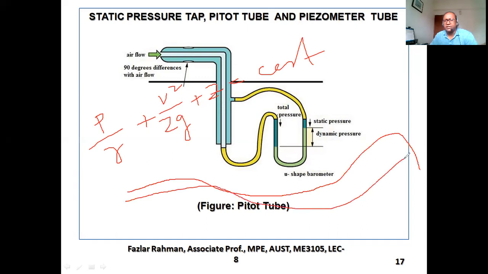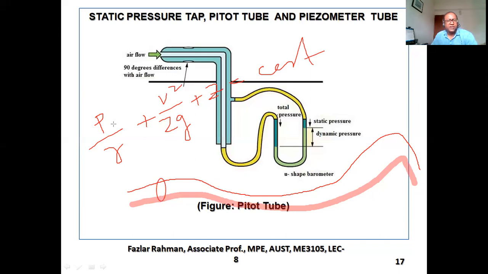I'm sorry, let me draw it again. So your pipeline is going this way. Now you are applying Bernoulli's equation at several points right over here.